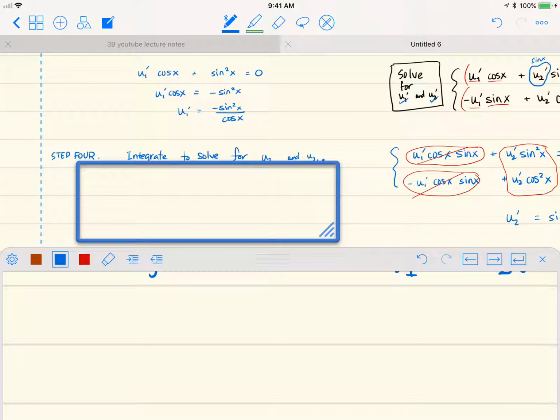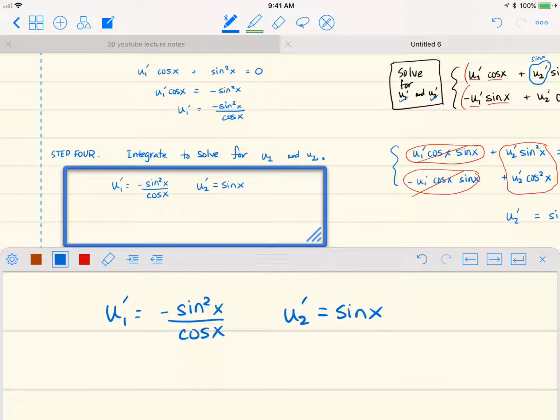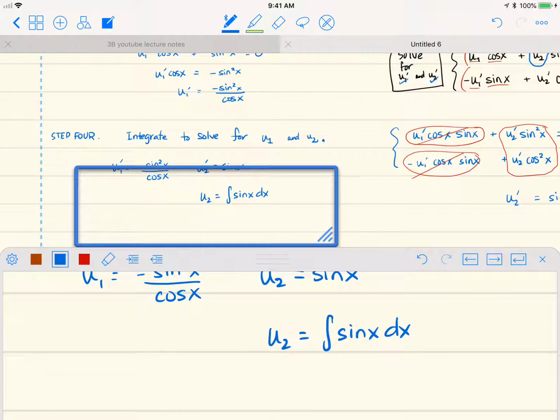Okay, so I think the easier one is u2 prime, because u1 prime is going to be negative sine squared x over cosine x, and u2 prime is going to be sine x. So easy is to just say u2 is going to be the integral of sine x dx, which is negative cosine x.